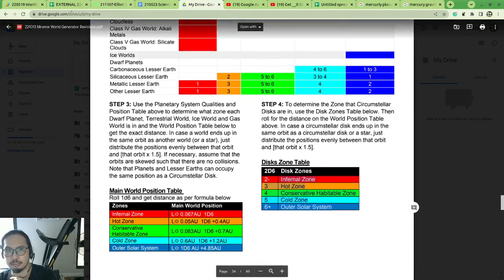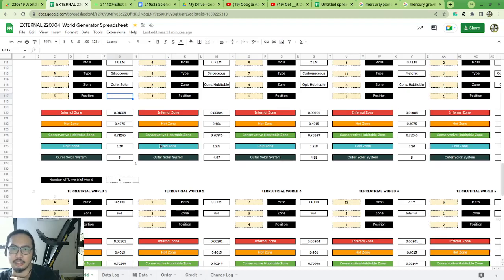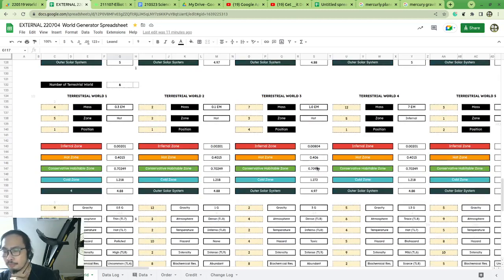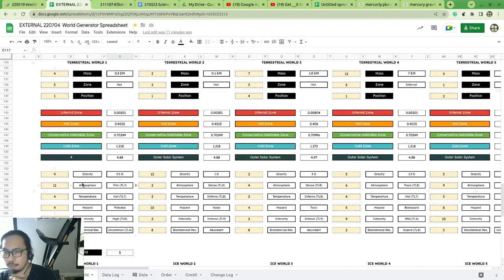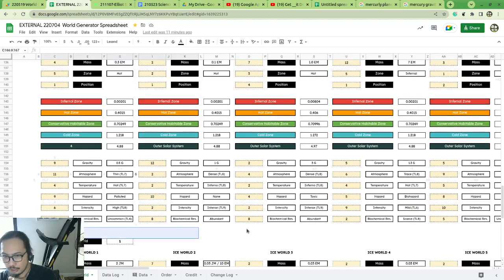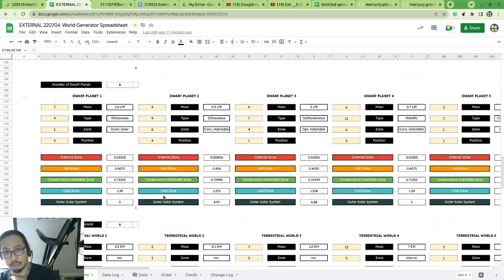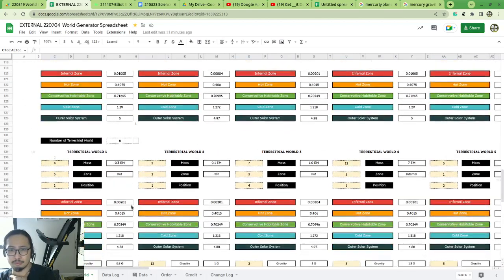I'll have to fix that little by little, or simplify it. Just make it 1d6. Yeah, I'll just probably make it simpler. 1d6. And then of course I have to put the total habitability score of a terrestrial or dwarf world.